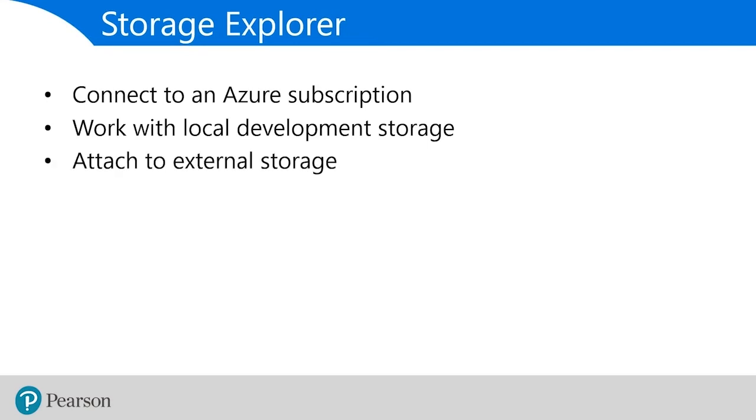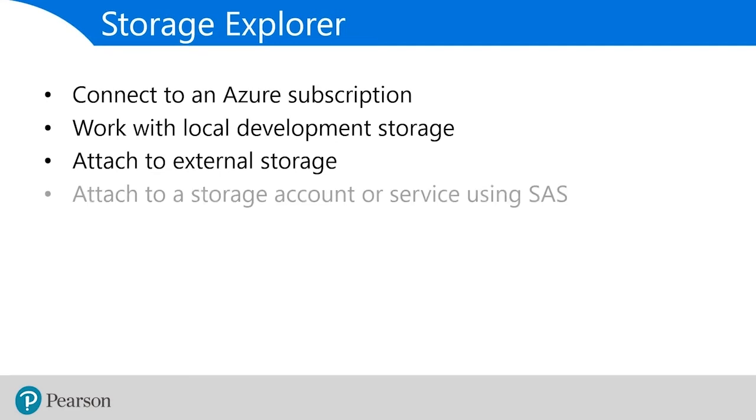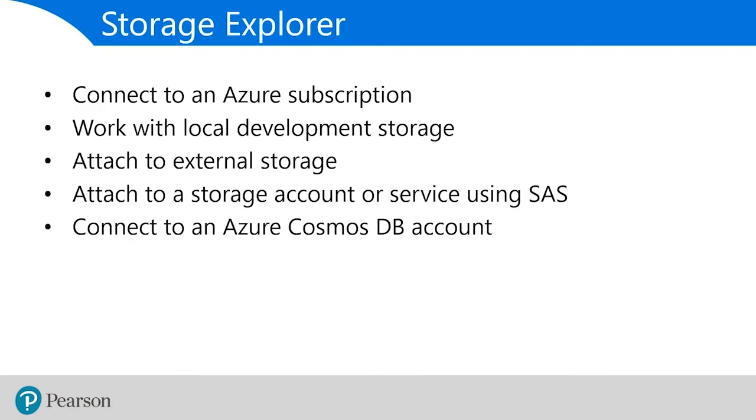You can attach to external storage, managing storage resources that belong to another Azure subscription or that are under national Azure clouds by using the storage account's name, key, and endpoints. You can attach to a storage account or service using SAS, shared access signatures. And you can connect to an Azure Cosmos DB account.